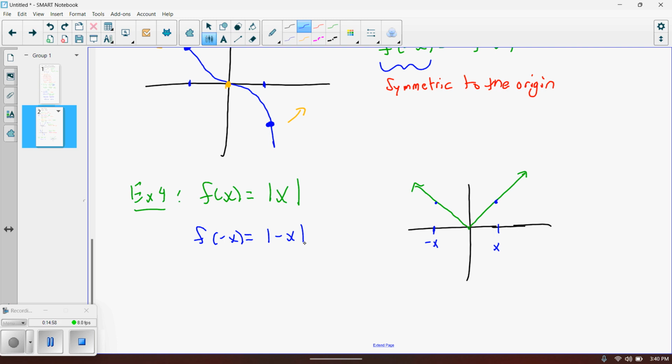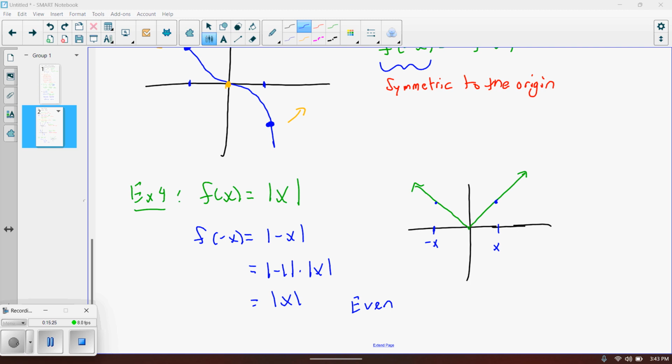Technically, the way you would do this is you would separate this to be the absolute value of -1 times the absolute value of x. And of course, the absolute value of -1 is +1, so it does just simplify to the absolute value of x. f of x now equals f of -x. This is even.